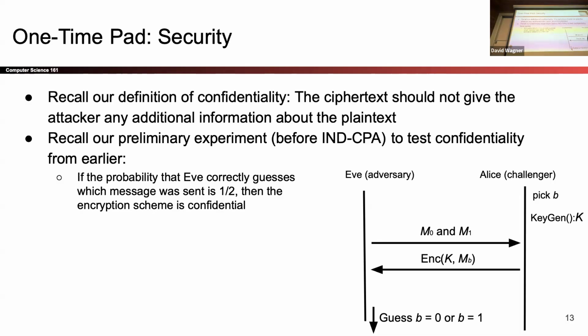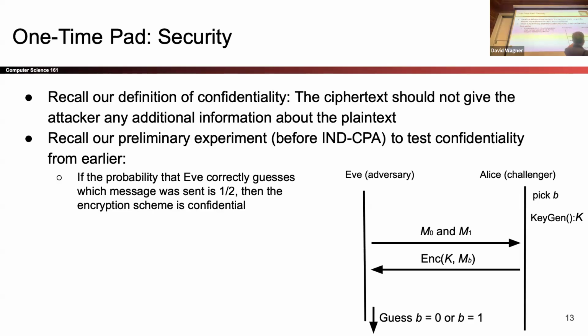Yeah? M0 XOR C. If K equals M0 XOR C, then decrypting C gives you back M0. And that's the only key.